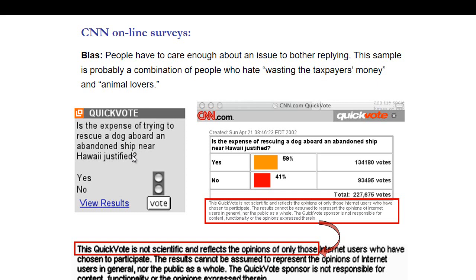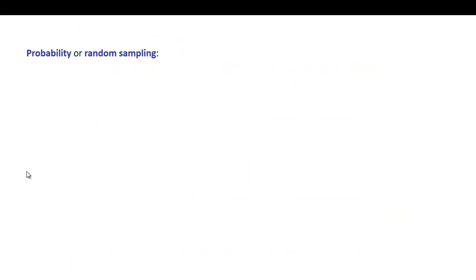The results cannot be assumed to represent the opinions of internet users in general, nor the public as a whole. And the quick vote sponsor is not responsible for the content, functionality, and the opinions expressed therein. So you would always see these footnotes underneath these surveys. They acknowledge that these results aren't scientific or valid.